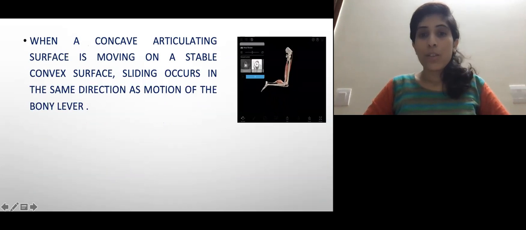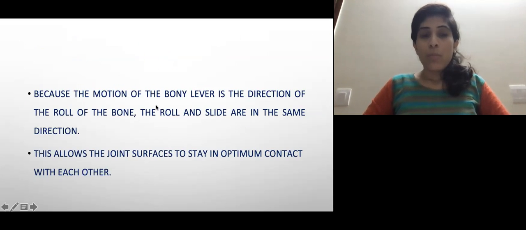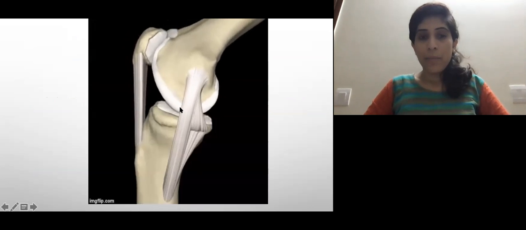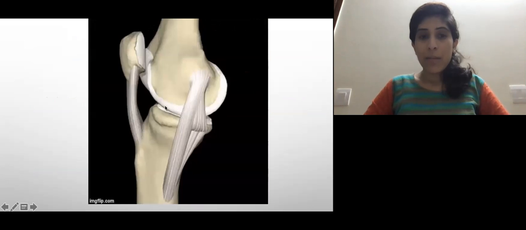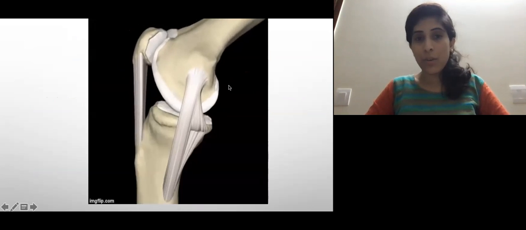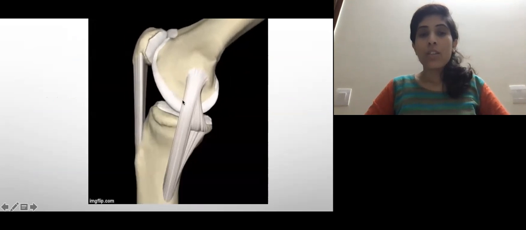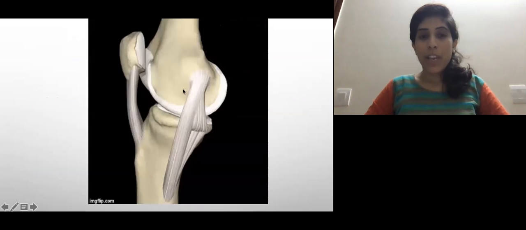So the tibia is rolling in the posterior direction, and sliding is also in the posterior direction, because the motion of the bony lever is in the direction of the roll of the bone; roll and slide are both in the same direction. Here again you can see initially sliding and then rolling. Here the femur is moving, the femur has a convex surface, so we can see rolling and sliding.